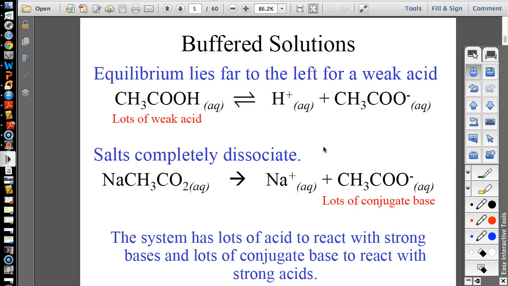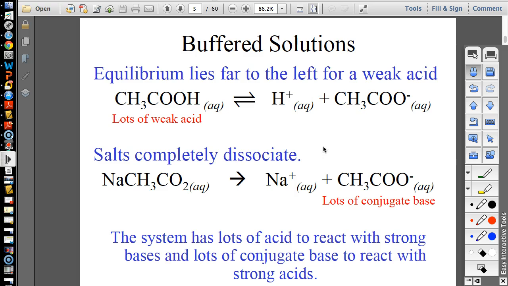And so I don't have much conjugate base to be able to buffer any added acid. So you're going to have to purposely add a salt that contains its conjugate base. You're going to add something like sodium acetate, and then I'm going to have lots of conjugate base.